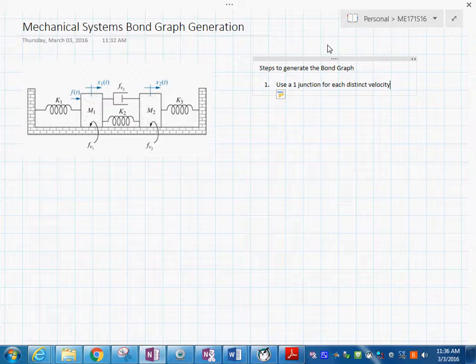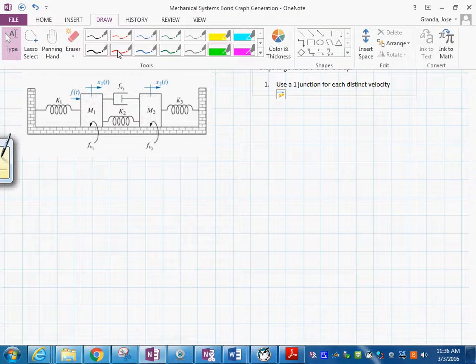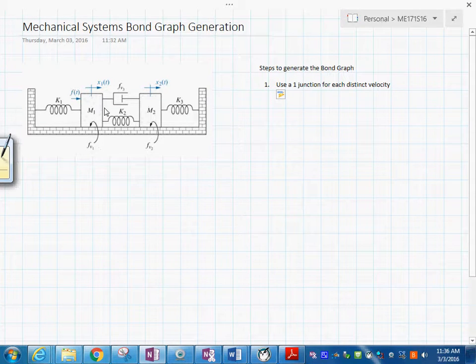So what I would do is I am going to use a red pen so that I indicate the velocity here. This is a 1 for x1 dot, let's say the velocity of this one. I'm going to put a 1 for x2 dot, which is the velocity of the other mass.